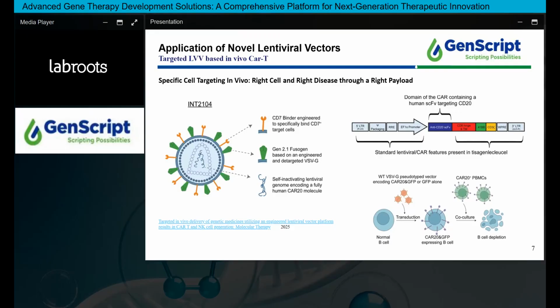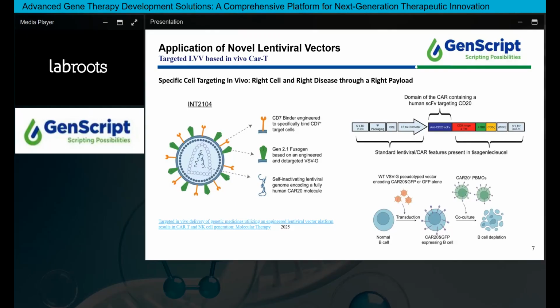A platform called INT2104 from Interius offers a specific cell-targeting in vivo solution: the right cell and the right disease, through the right payload. It's an engineered lentiviral vector with three unique features.